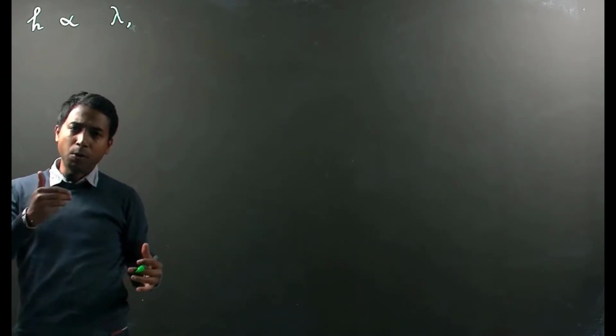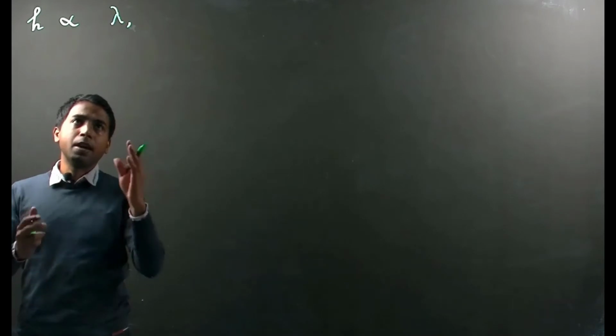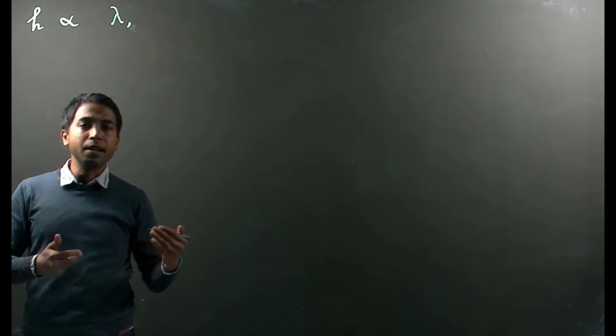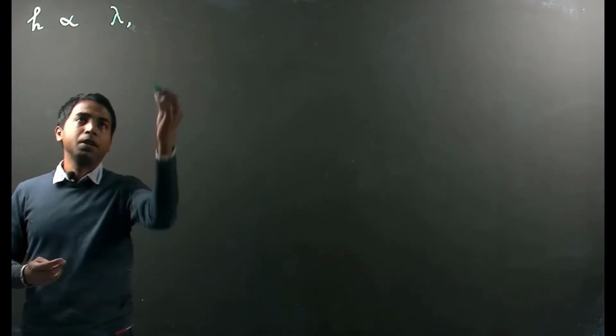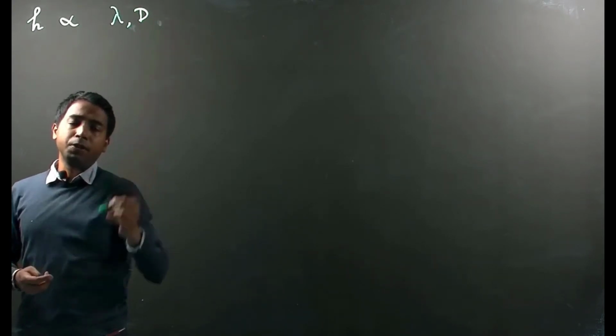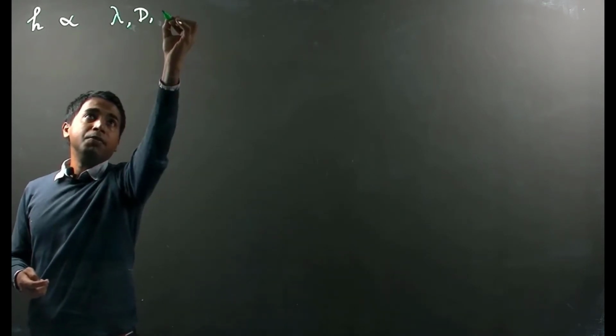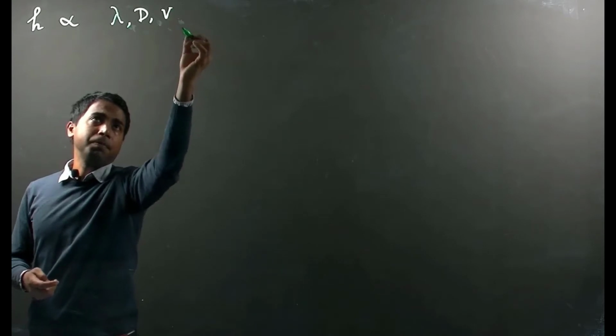As you have already seen in the analysis of drag forces, there are certain parameters that we can easily associate to such a flow. For example, the characteristic diameter of the system, d, and then the velocity of the system, v.